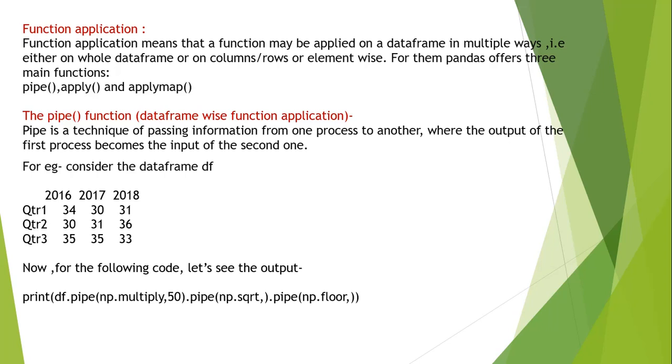The output of this operation will be taken as an input for the square root. Those elements will be square rooted, and whatever the output is will be taken as an input for the floor function, and floor will provide the final result. In this way you can see that piping of the functions has been done.